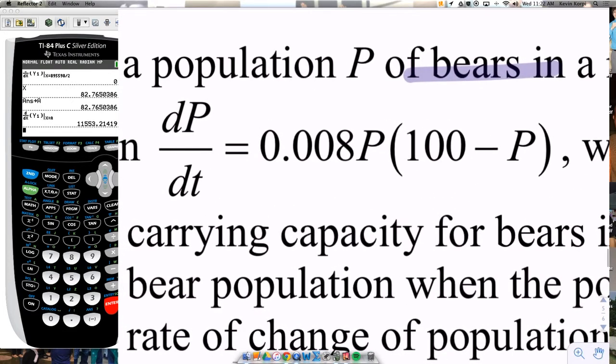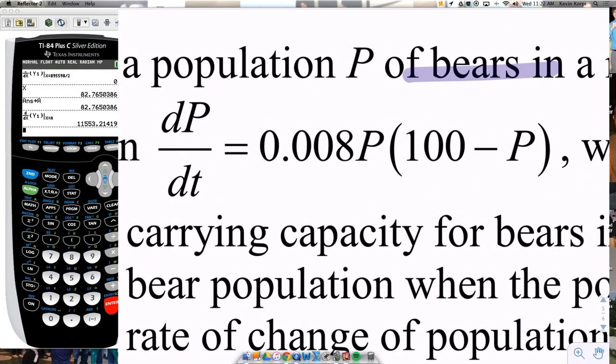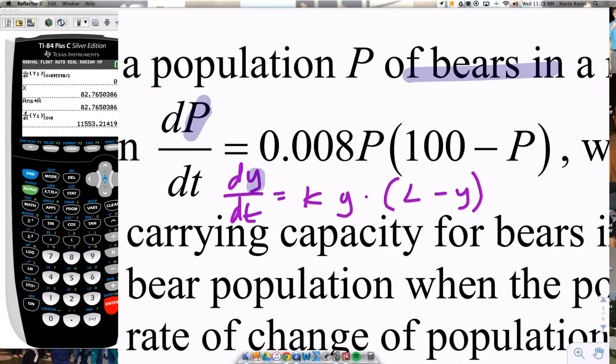Now, just looking at that, does that have the logistic differential form to it? Well, let's see. It's dy/dt equals k times y times (L minus y). You have to memorize that. So it appears that instead of P, we're using y. That looks good. And it looks like our k value is 0.008.